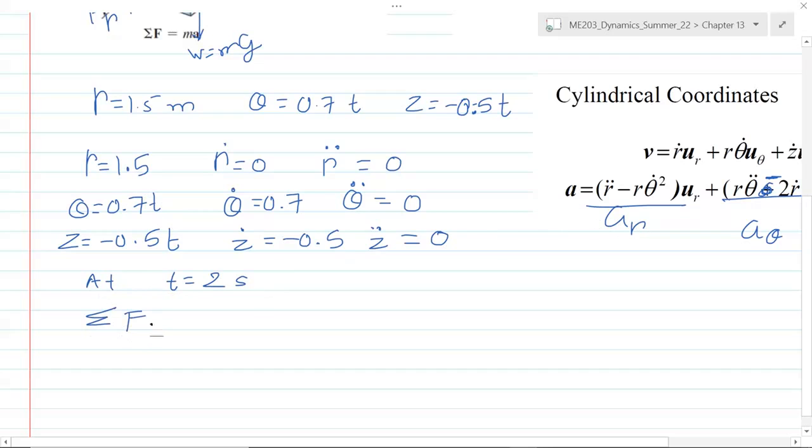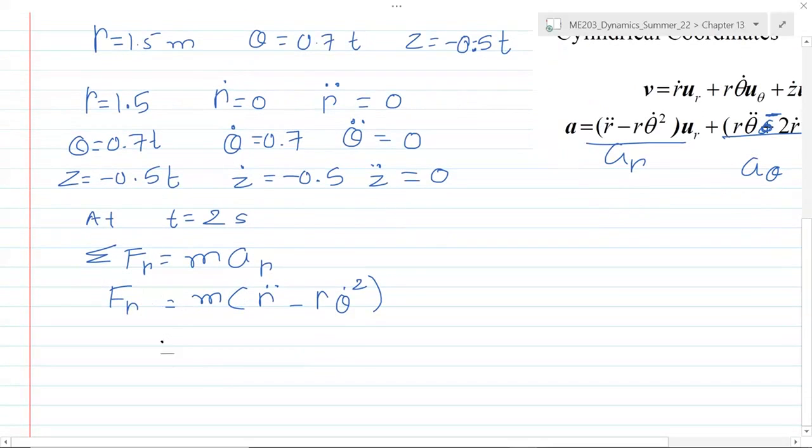Sum of forces in the radial direction is equal to mass times radial acceleration. There is only one force in the radial direction, which is Fr, the radial component of the normal force. It is equal to mass times the radial acceleration, which is r double dot minus r theta dot squared.